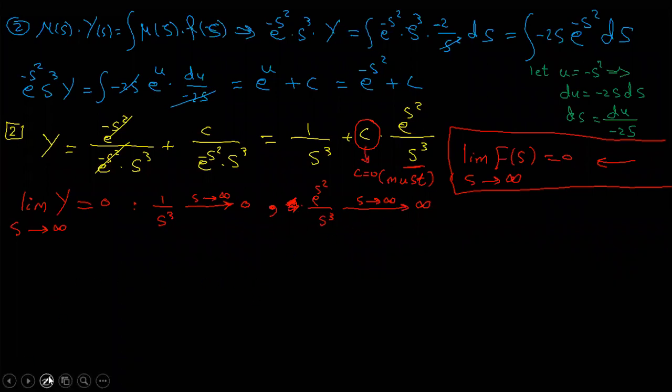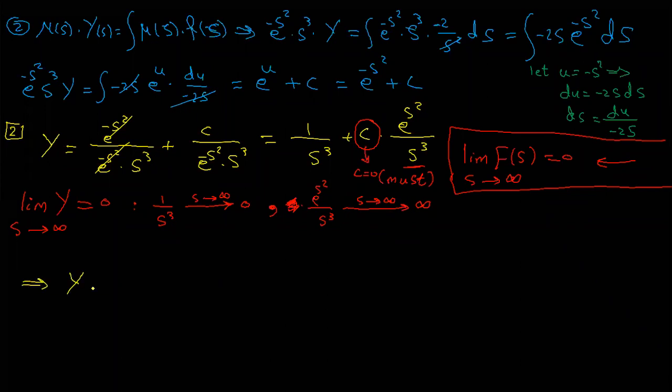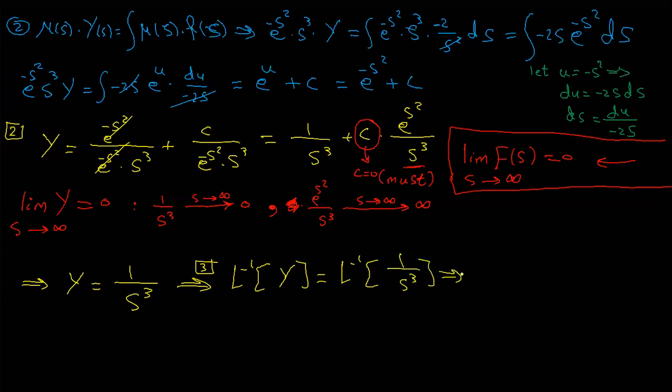So now my capital Y is given to be only 1 over s to the power 3. Third step, take the inverse. So Laplace inverse of capital Y is Laplace inverse of 1 over s to the power 3, and that will give me small y of t.